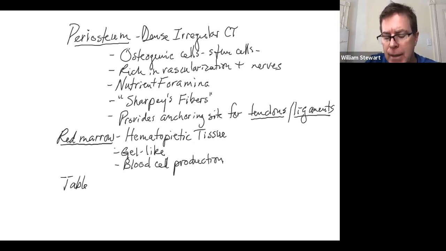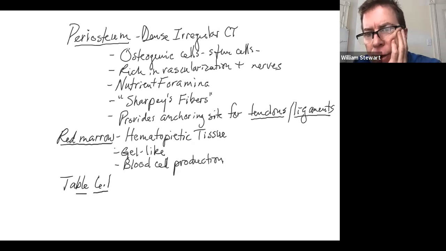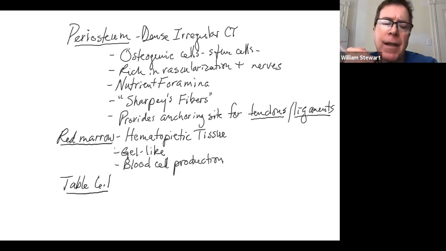I don't have time in this mini lecture to go through all of the terms in table 6.1. I'm going to just tell you, please use it as a resource for vocabulary. I may ask you a few questions on the next quiz from that table, not many, but I will.